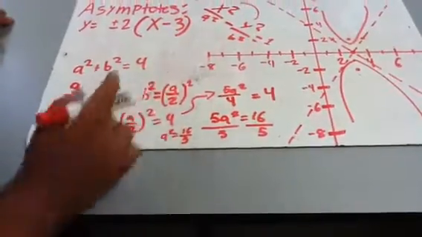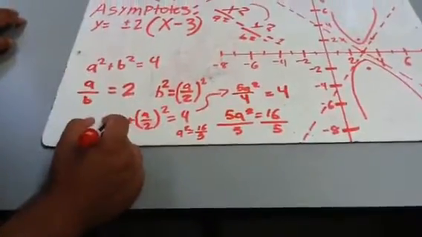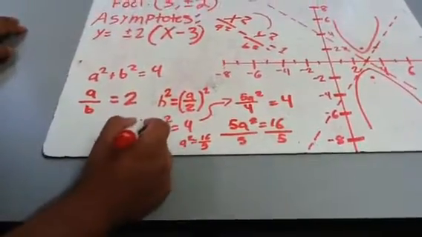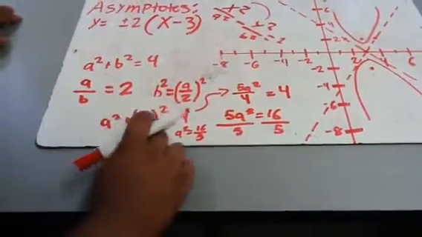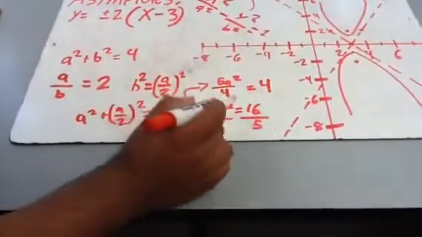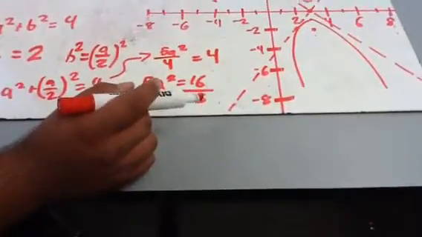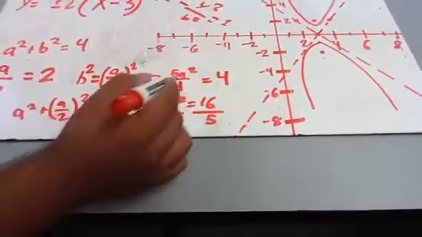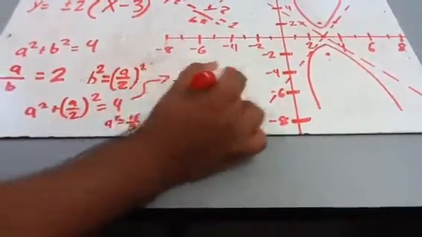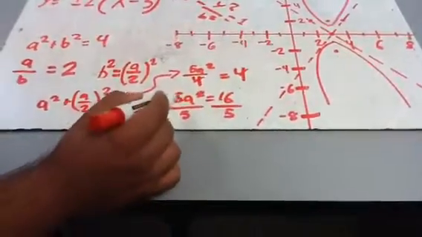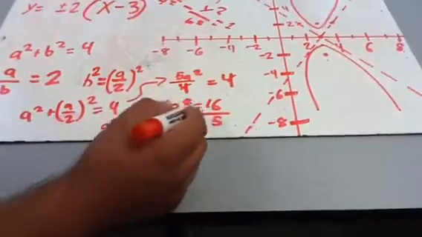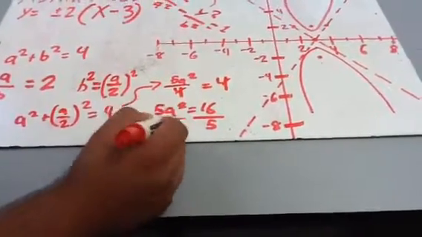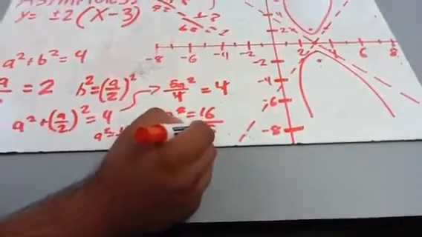Now if we substitute that into the equation before, and we do a squared plus a over 2 squared equals 4, and we actually do the math, we end up with 5a squared over 4 equals 4. Now if we multiply all this by 4, the 4 gets cancelled, and it turns into 16. So it'll be 5a squared equals 16. And then from there, we divide by 5, and we get 16 over 5.